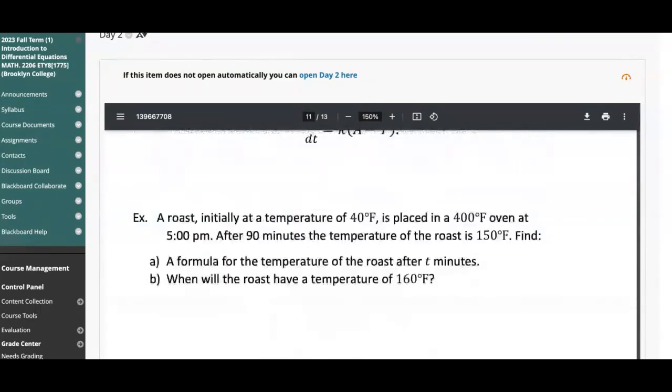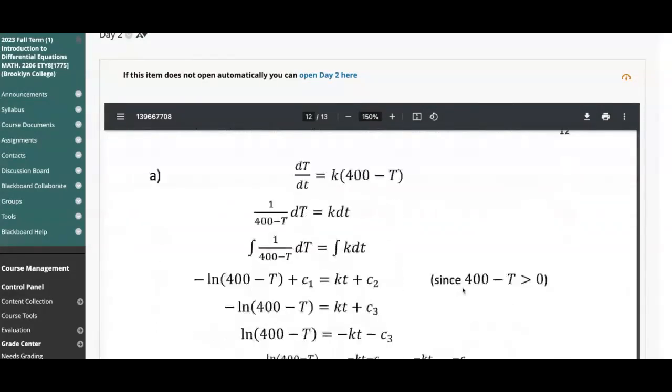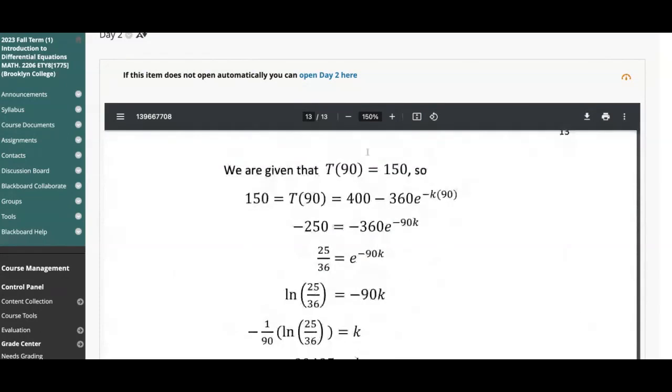So in the first part, we're given that after 90 minutes, the temperature is 150.